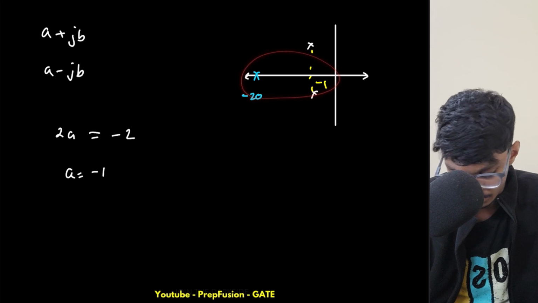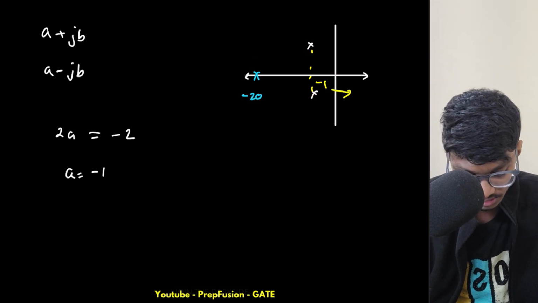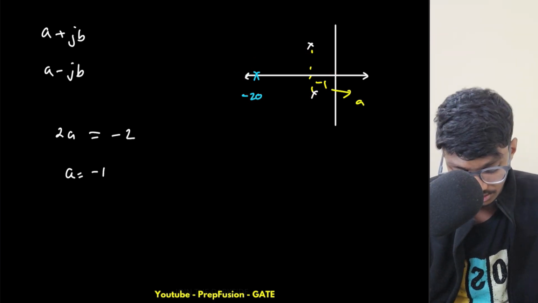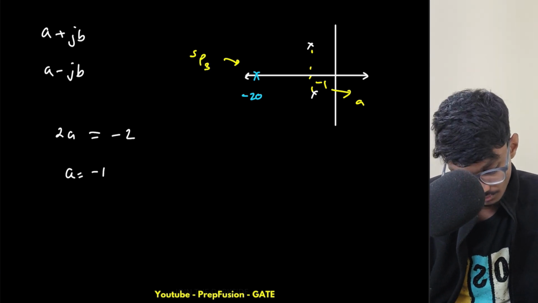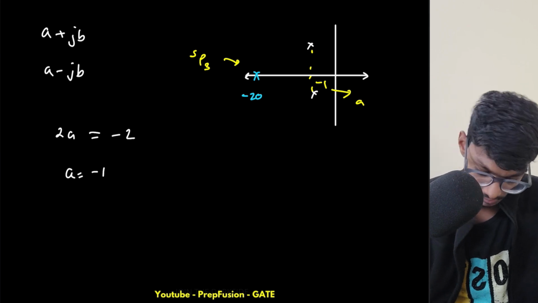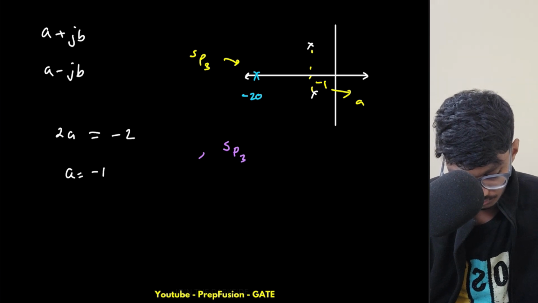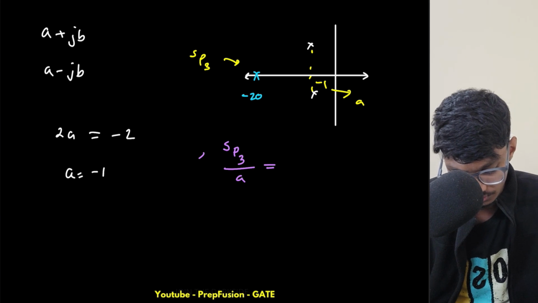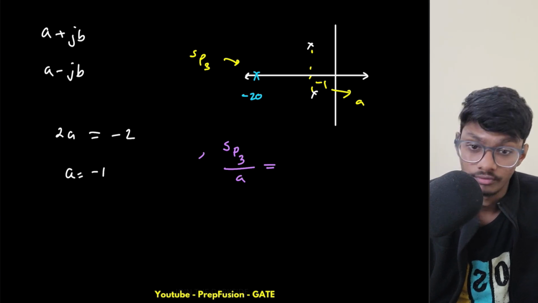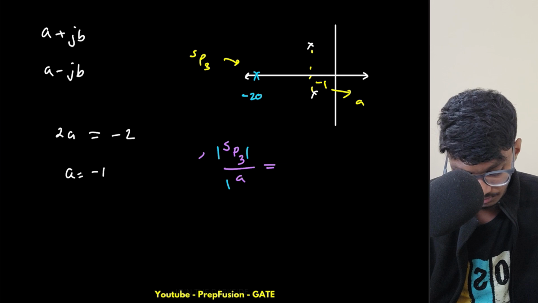Now if I compare these two poles, let's name this as a, and let's name this as sp3. sp3 by a equals, we have to compare the magnitudes, obviously magnitudes.